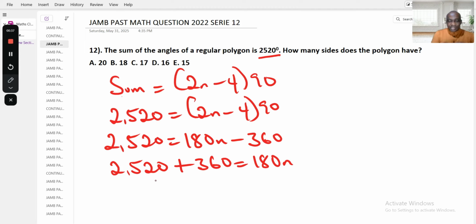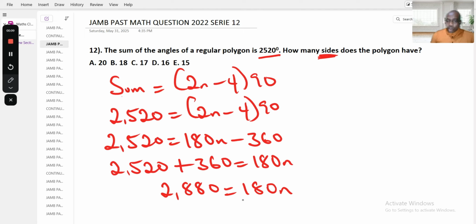Now let's add 360 plus 2520, which is going to give us 2880 equals 180n. Now we are looking for n, which is the number of sides of the polygon.